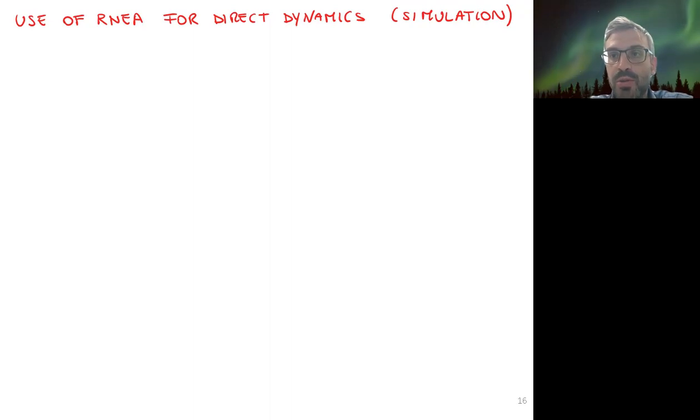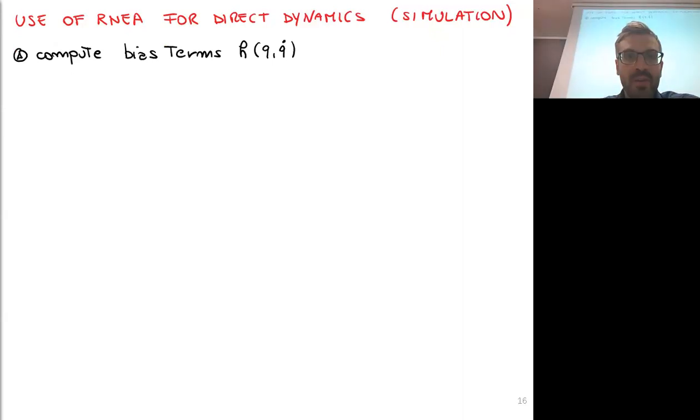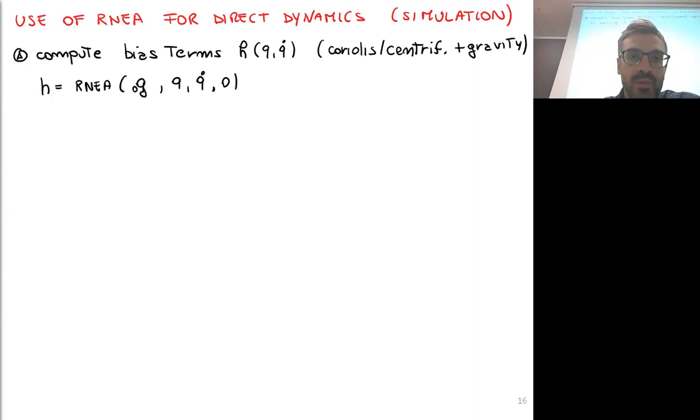But we saw also that we can use that for direct dynamics. Computation is not that efficient, but in case we want to use it for direct dynamics, we need to first compute, given the state of the robot, position and velocity of the joints, the bias terms that are nothing more than the Coriolis centrifugal plus gravity term together. And for that, we call the function of recursive Newton-Euler setting 0 for the accelerations.